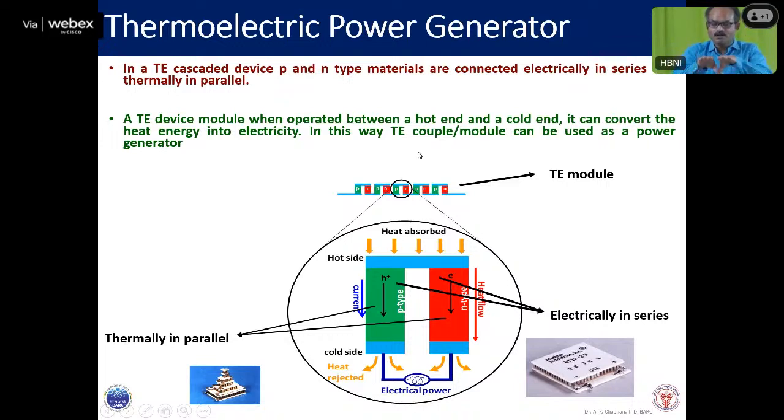Thermally in parallel means all one ends are connected to the hot side of the temperature source, and all the other ends are connected to the colder side, and the connections are electrically in series so that you can increase the power.